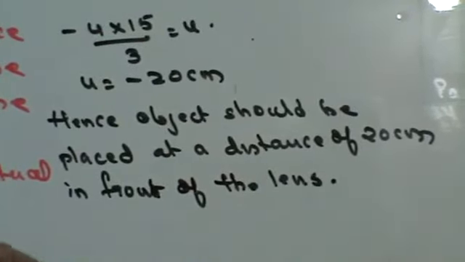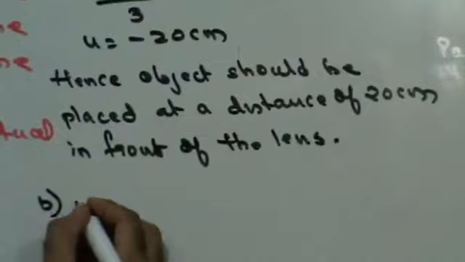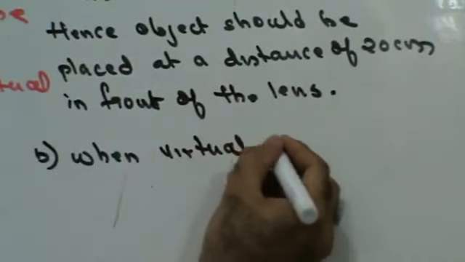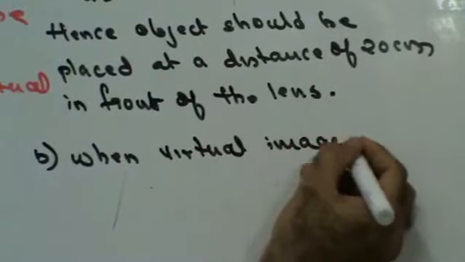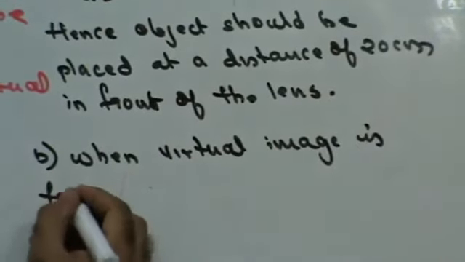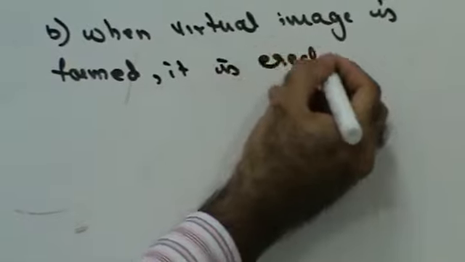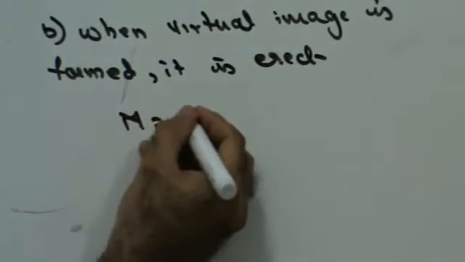What if a virtual image is formed? Condition B, when a virtual image is formed, it is going to be an erect image. That means magnification is going to be +3, right?